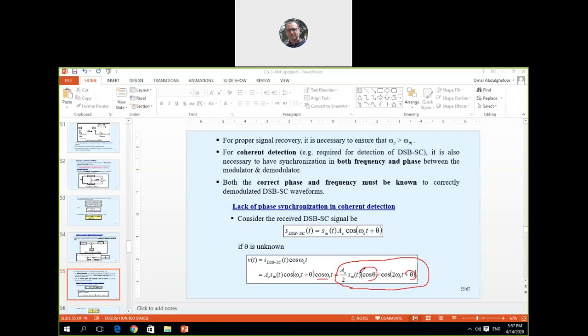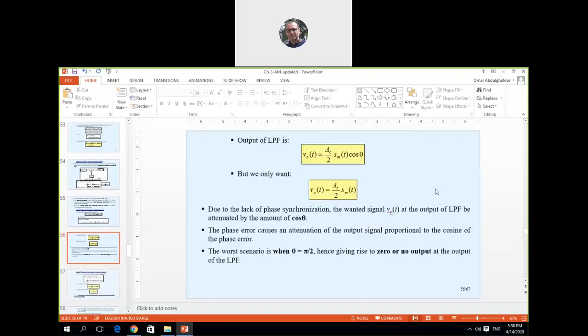Compared to the previous one, we don't have this term, and also we don't have theta in this case.